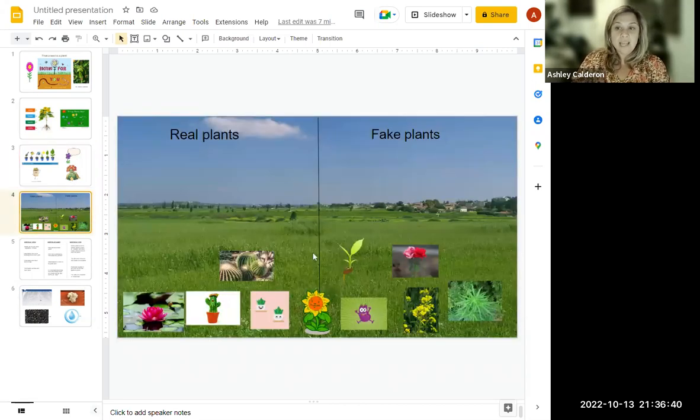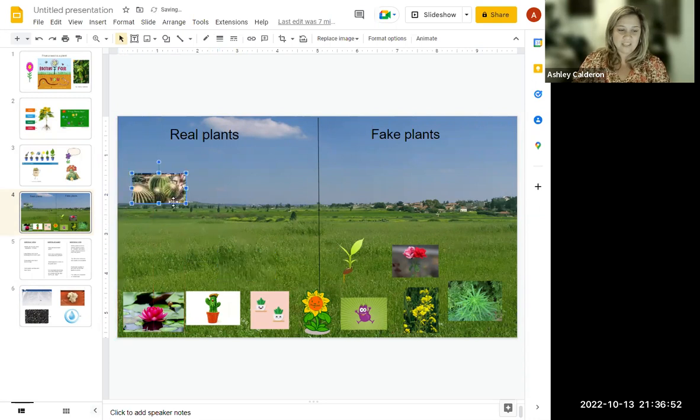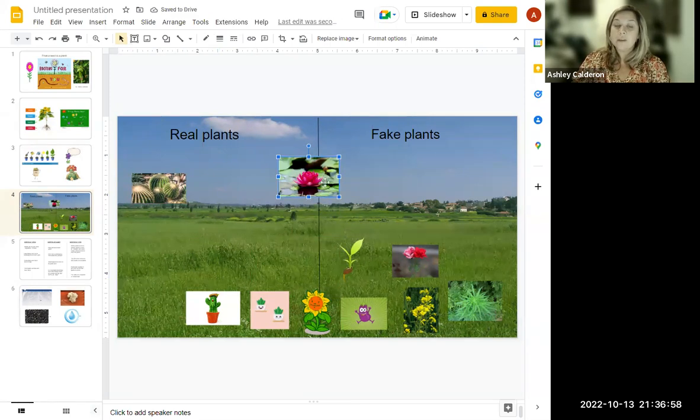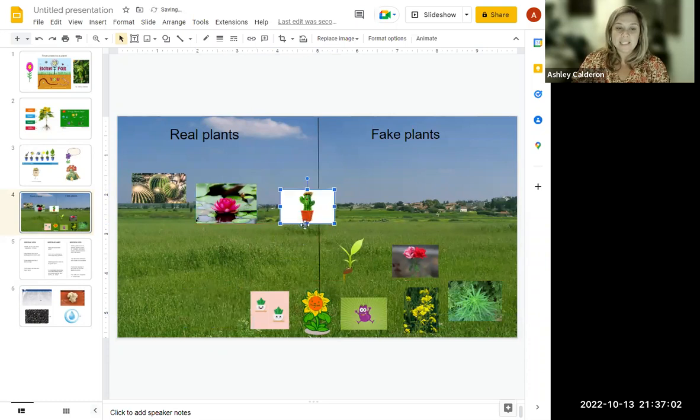I did put this on here so that we can sort what is real and what is fake. So these cactuses, are they real or fake? That's right, real. What about this flower? Is this a real or fake flower? That's right, real. What about this? That is correct, fake, make believe.